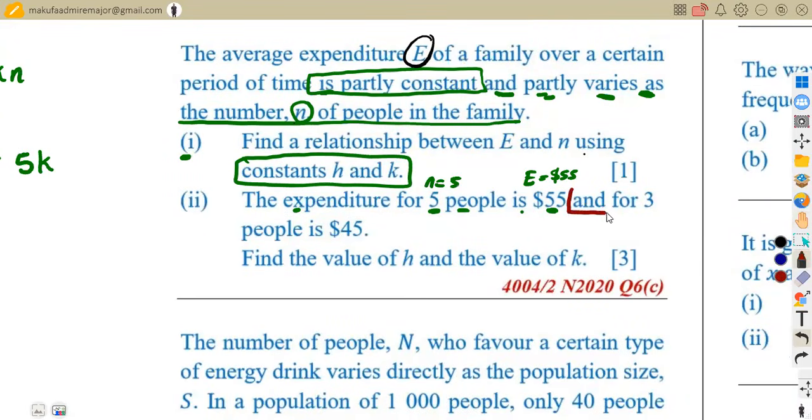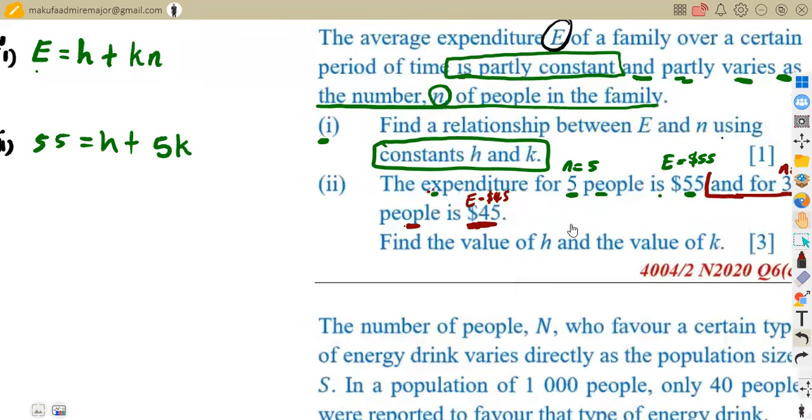You move on to another statement. For 3 people, what are we given? N, the number of people, is equal to 3, and the expenditure is $45. So when E is 45, N is equal to 3.